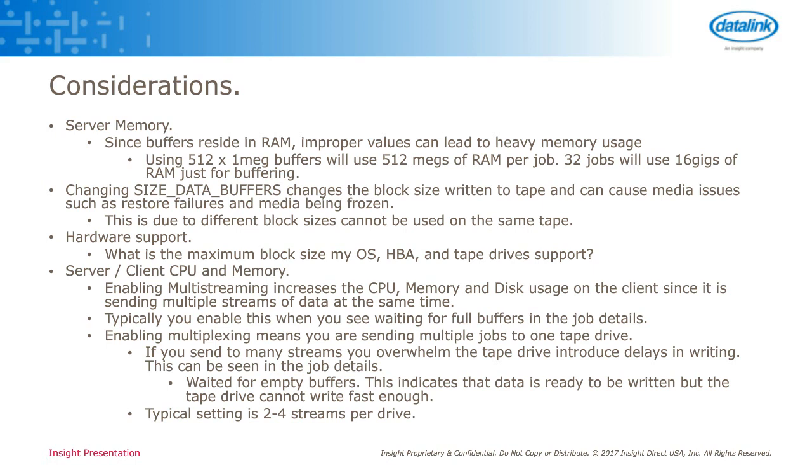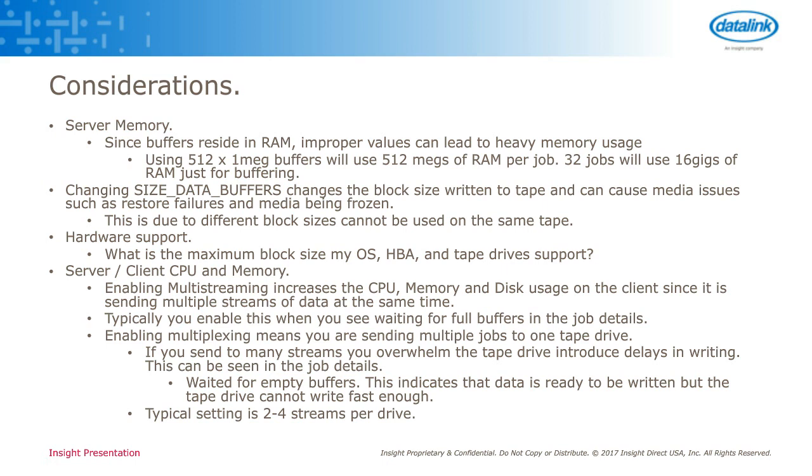Server and client memory. When we adjust the client communication buffer size, we're increasing the amount of memory that the client is going to use per stream, and adding multiple streams of data from the client also increases the memory usage.